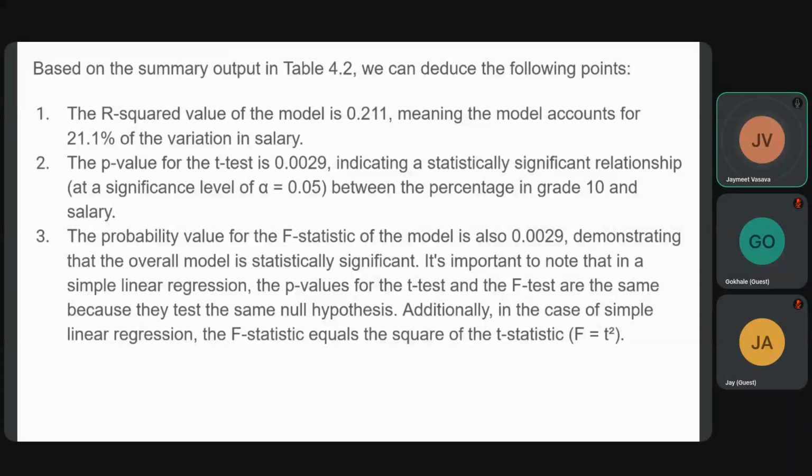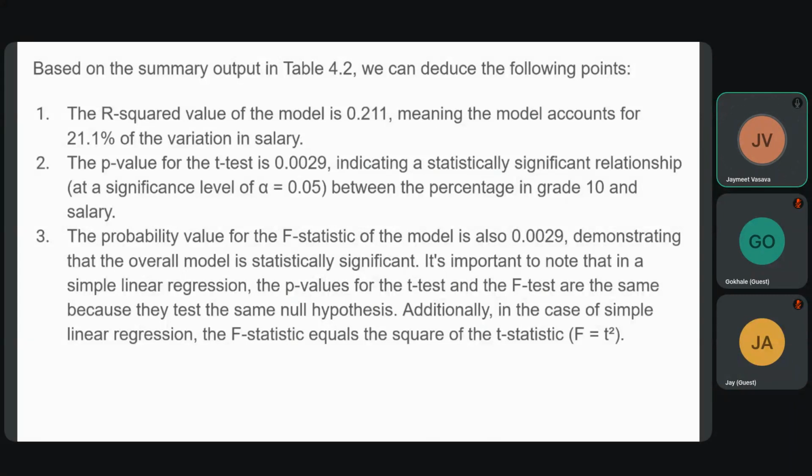Based on the summary output, the R-squared value of the model is 0.21. The model accounts for 21.1% of the variation in salary. The p-value for the t-test is 0.0029, indicating a statistically significant relationship between the percentage in grade 10 and the salary.